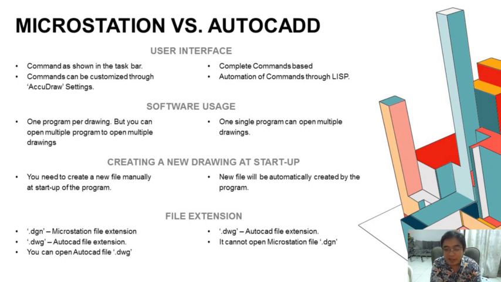And lastly, the file extension. I assume that you are familiar with AutoCAD. The file extension in AutoCAD is .dwg, and in AutoCAD you cannot open a Microstation file with the extension .dgn.